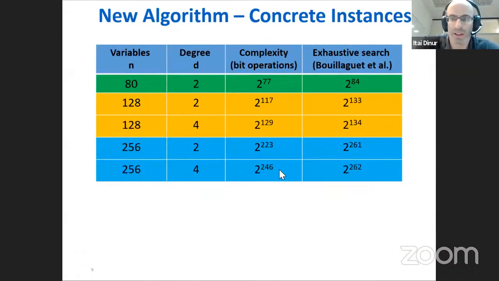This slide gives numbers for some concrete instances, as you can see. And perhaps a bit surprisingly, the algorithm beats brute force, at least in terms of time complexity, for a relatively large degree, say d equals 4, for problem sizes that are actually relevant to cryptography.